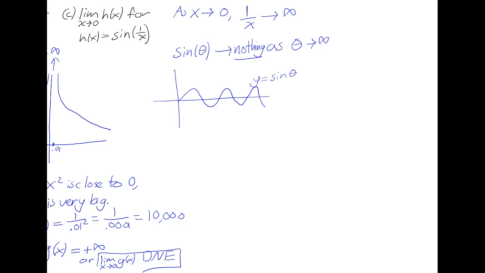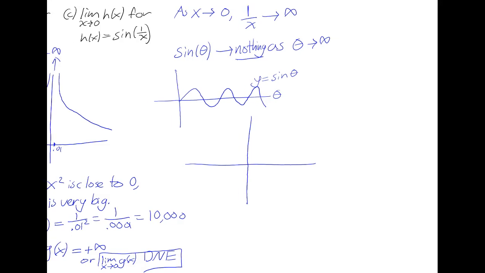Anyways, let's look at what the graph of the function we're really talking about here looks like: y equals sine of 1 over x. Instead of this going up and down forever as theta approaches infinity, that's actually happening as x approaches 0.